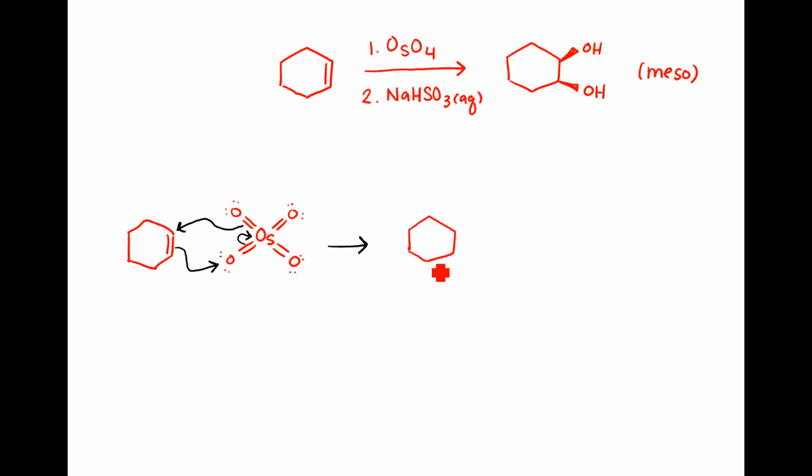Because both bonds from carbon to oxygen are formed at the same time, they'll form from the same face of the planar alkene. So both bonds will either be up or down between the carbon and the oxygen. So initially we get this, what's called a cyclic osmate intermediate.